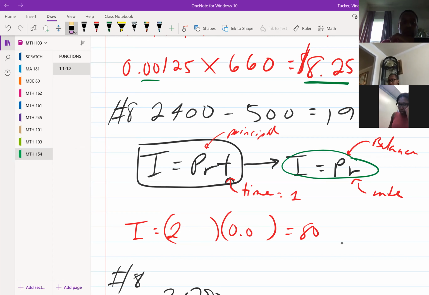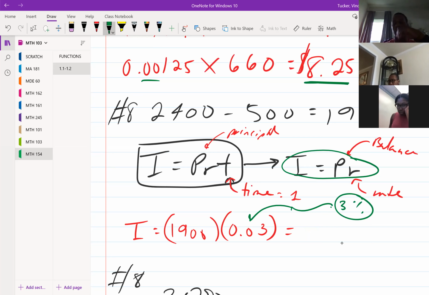So when we look at this problem, we're looking at 1900 times 0.03. Once again, that comes from the 3%.